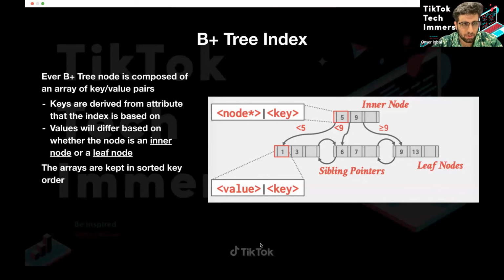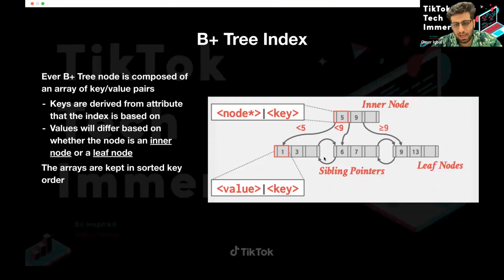Normally you'll have leaf nodes and inner nodes. Inner nodes contain pointers to the leaf nodes or to other inner nodes, depending on your level of nesting.